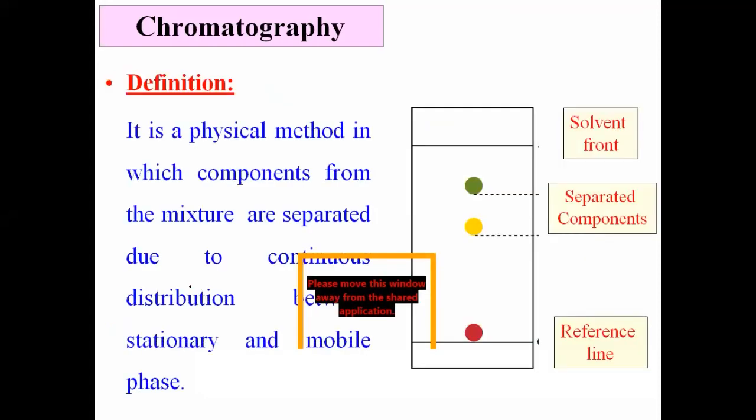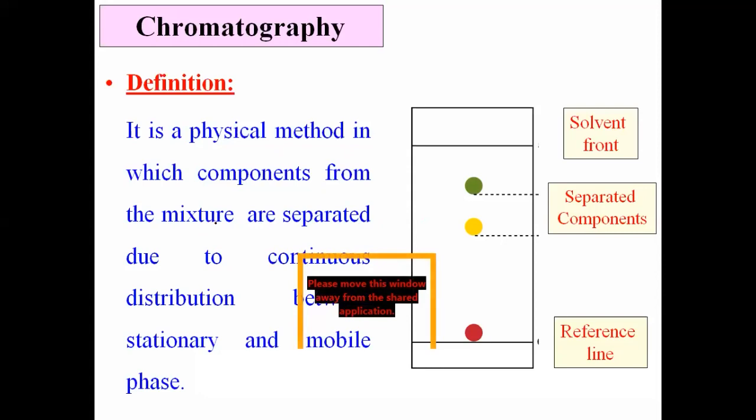Now let us see the definition of the chromatographic method. It is a physical method in which components of a mixture are separated due to continuous distribution between stationary and mobile phase. I have told what is meant by stationary and mobile phase. Every chromatographic technique has two phases: one is the stationary, which is fixed, and second is the mobile, which can be moved.